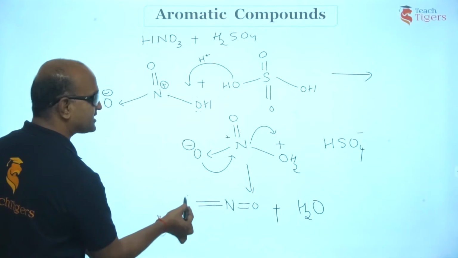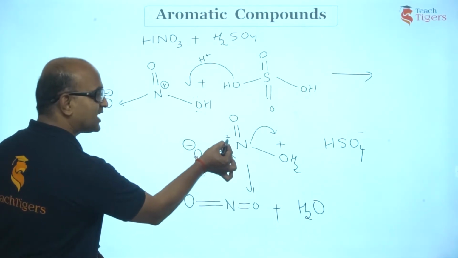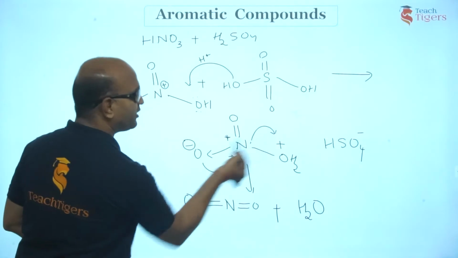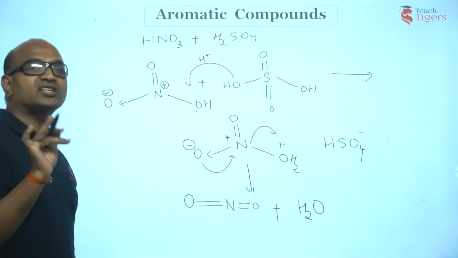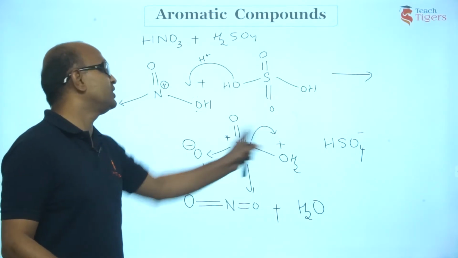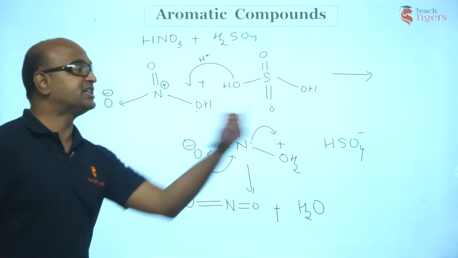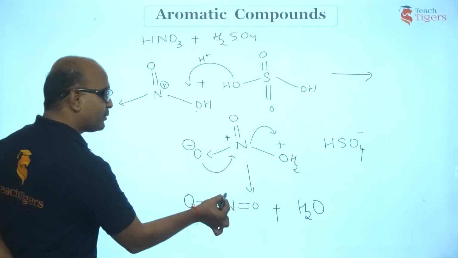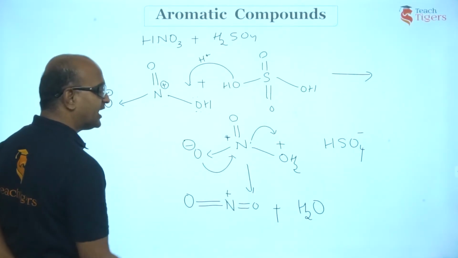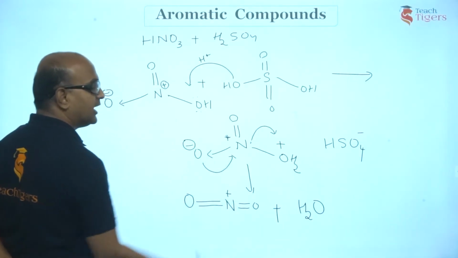We have this. There is still a positive charge on nitrogen. It has donated 1 electron and accepted 1 electron, so no charge change because of this electron donation and acceptance. One it is donated, one it is accepting. But now, there is already a positive charge on this. So, I have written here NO2 plus.